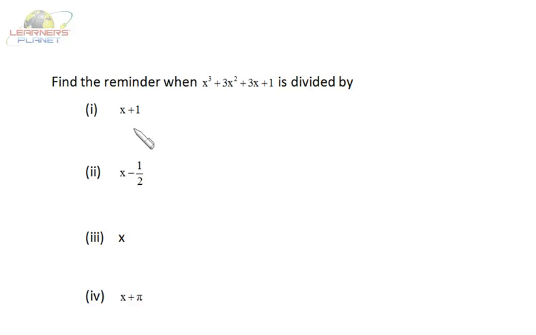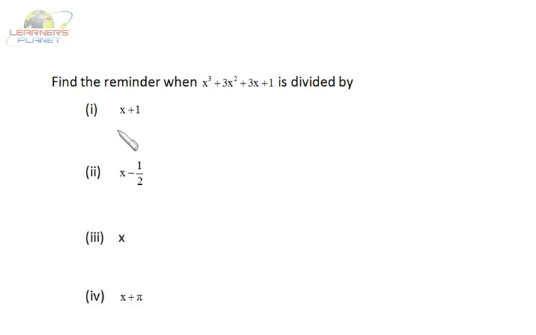If a polynomial p(x) is divided by x minus a, here x minus a is x plus 1, then the remainder is p(a). So in this case the remainder should be p(minus 1). Okay, so let's find the remainder this way, and we are not going to perform the actual division.